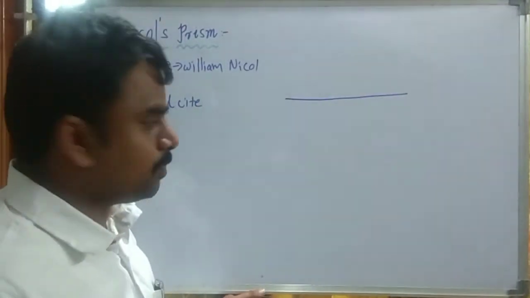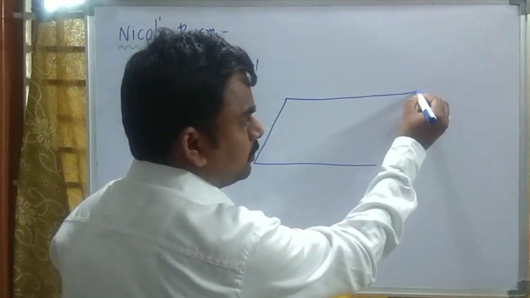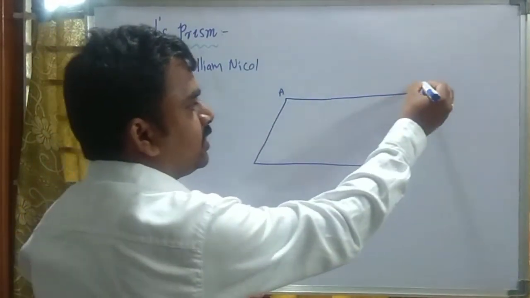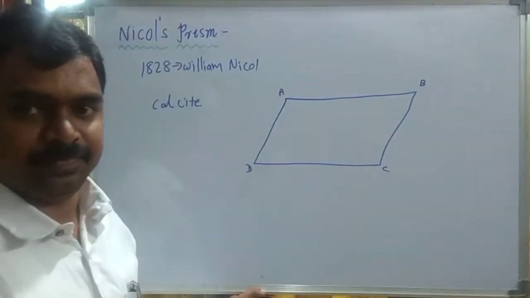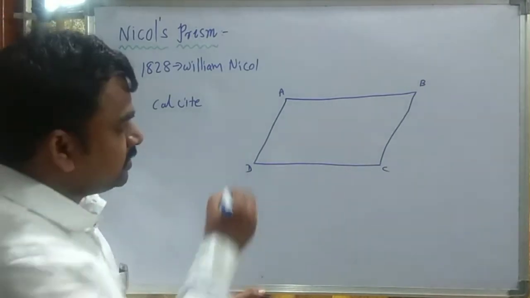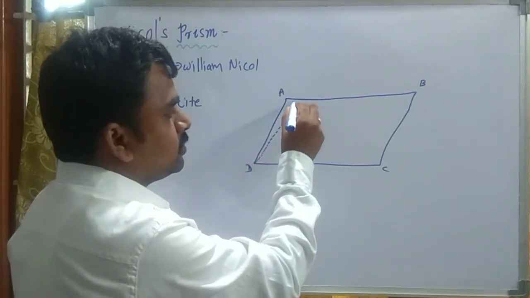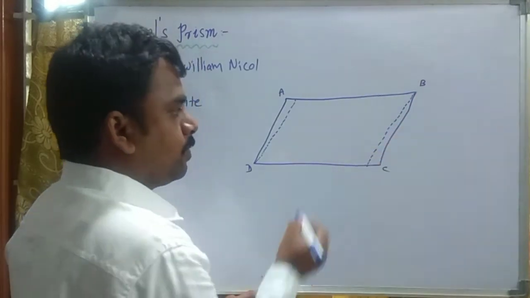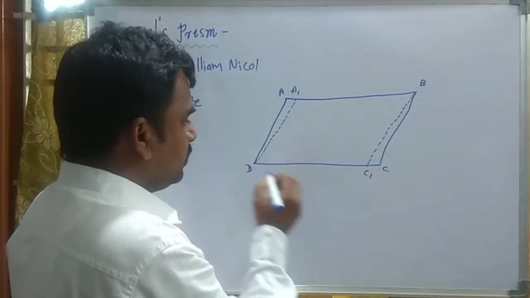A calcite crystal is an anisotropic crystal, in a rhombic shape. I am taking the corners as A, B, C and D. Now I cut that crystal, that means reduce the corners, so A becomes A1 and C becomes C1.